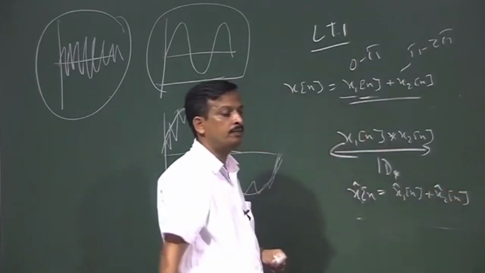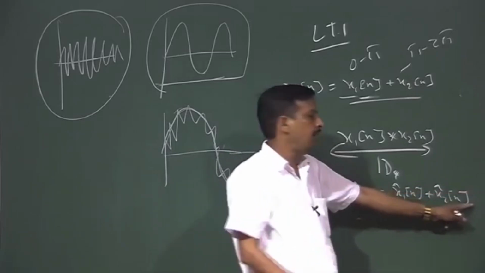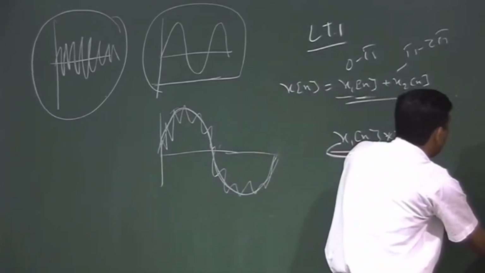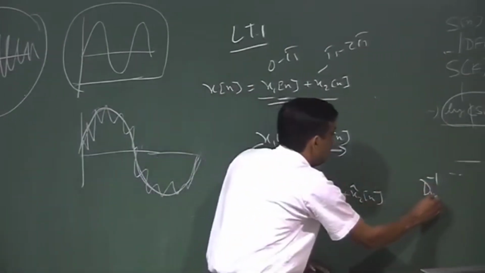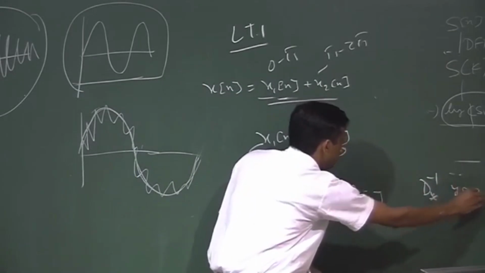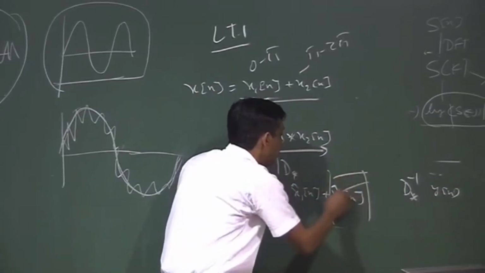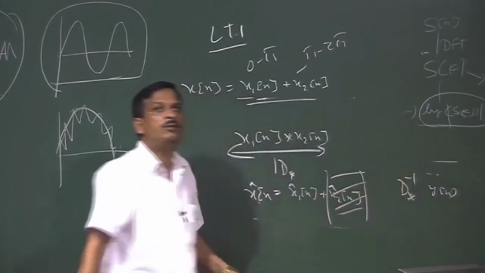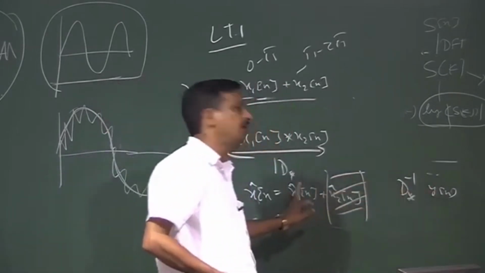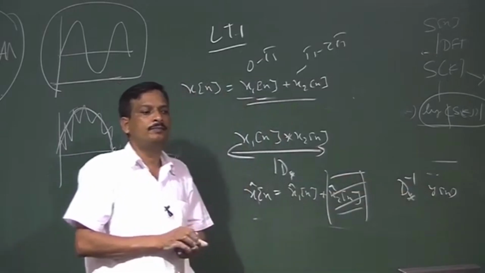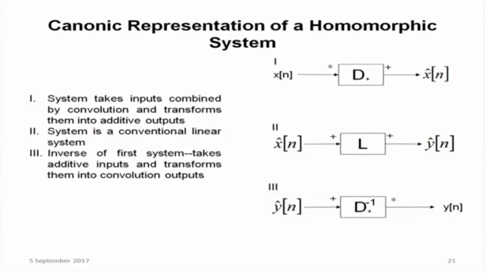Then it can pass through the linear filter, and I apply the inverse transform of D, then I get y. Suppose I want to extract x1: I can extract it with the linear filter, apply the inverse transform, and get x1. So, this is the purpose of homomorphic convolution.